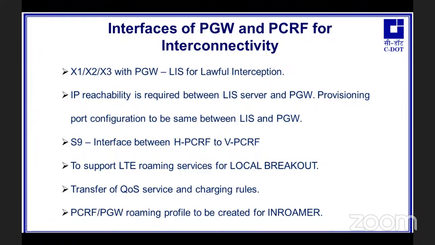That means if any in-roamer comes into my area, the PGW will be used of its own for data, because it will help for the data billing and all these things.